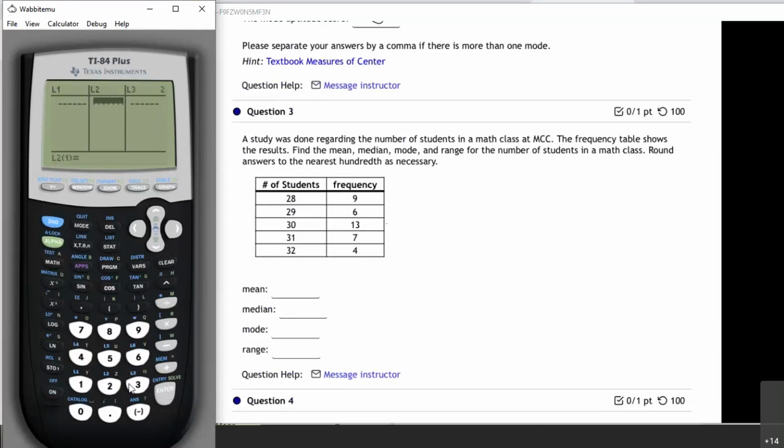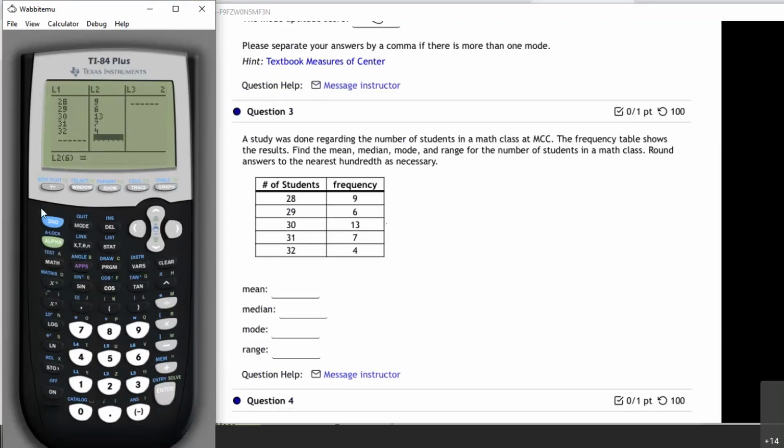I'm going to put my data in the first column, so 28, 29, 30, 31, and 32. And the frequencies I'm going to put in list 2: 9, 6, 13, 7, and 4.